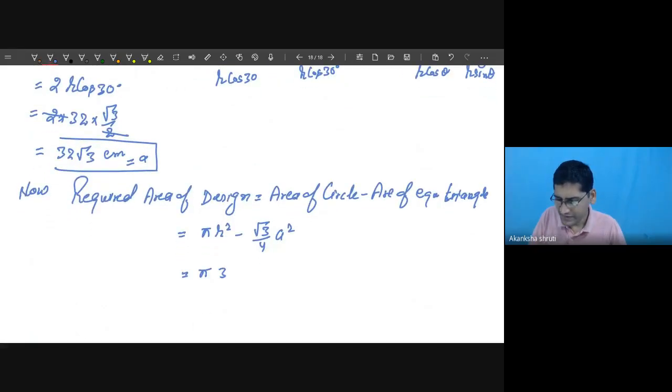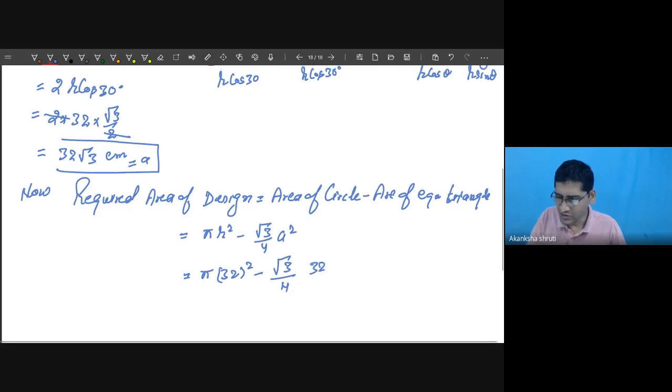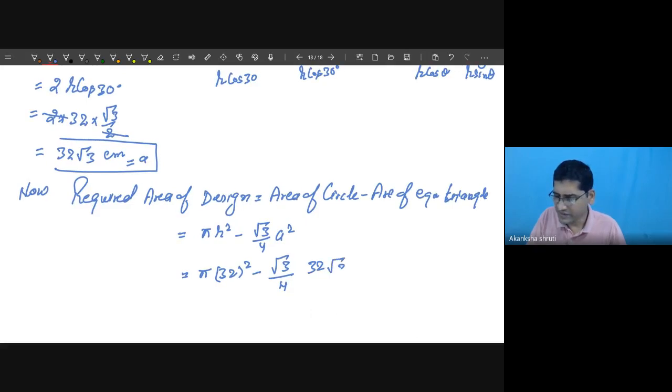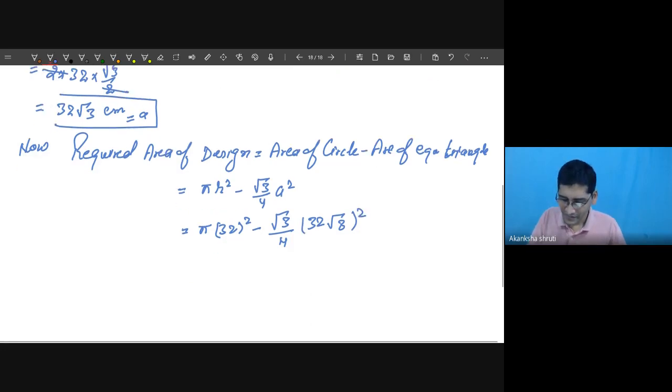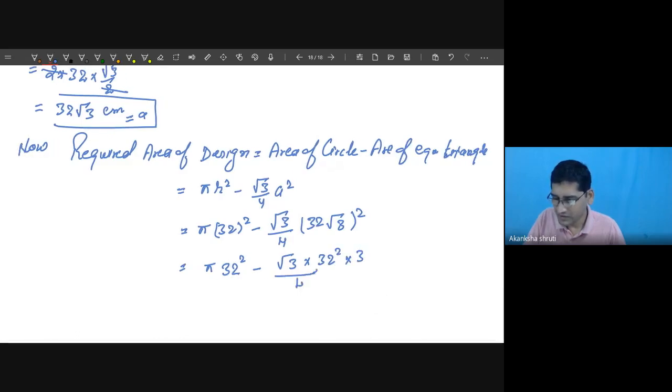Pi 32 square minus root 3 by 4 into 32 root 3 whole square. Is it okay? Yes. So it is pi into 32 square minus root 3 into 32 square into 3 whole by 4.